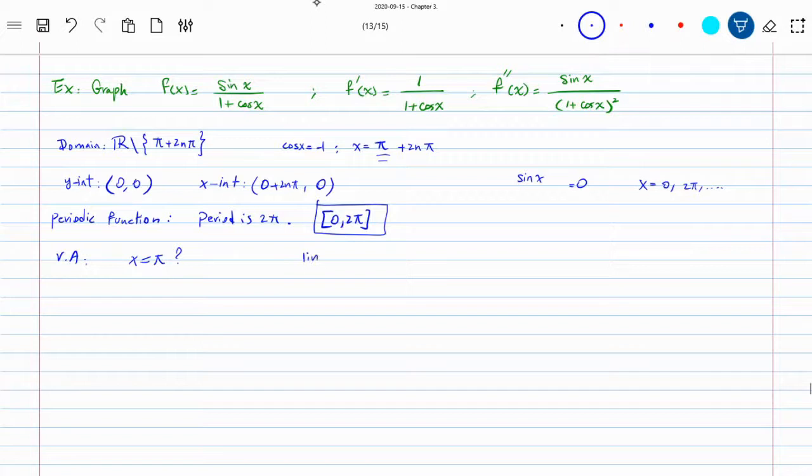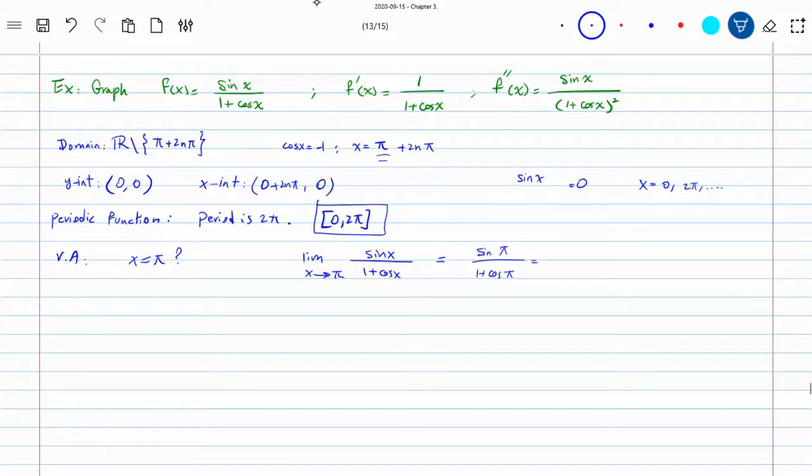What you need to calculate is the limit as x approaches pi of the function sine x divided by 1 plus cosine x. And we've talked about this. If you replace x with pi in the function, what you get is sine pi divided by 1 plus cosine pi.